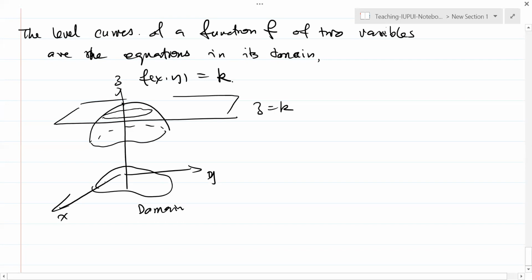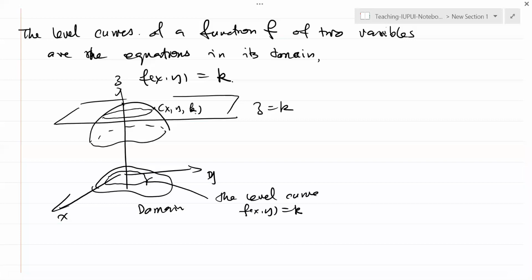If you project it to the domain, this is the level curve of f(x, y) = k, because along this curve the value of the function is always equal to k. It's fixed. Can you see that?